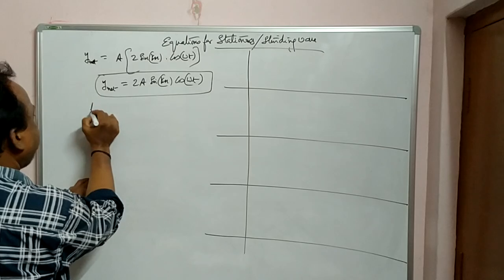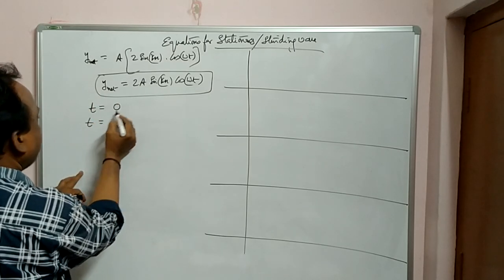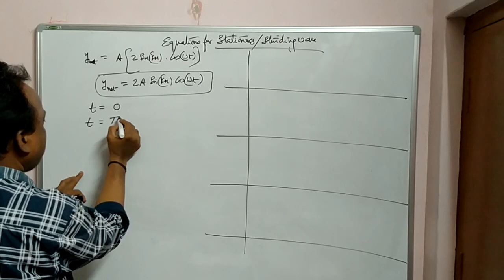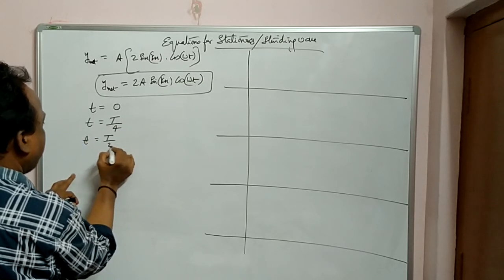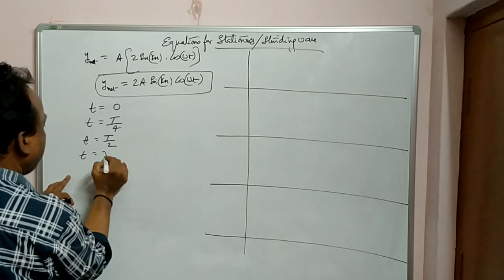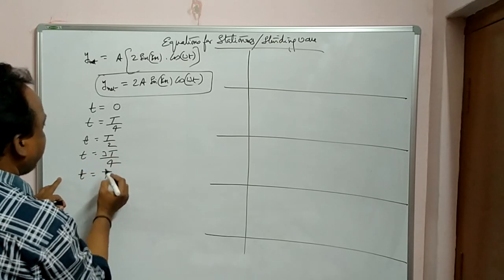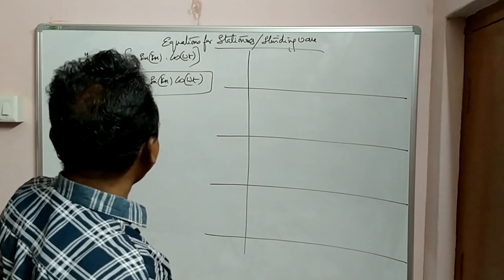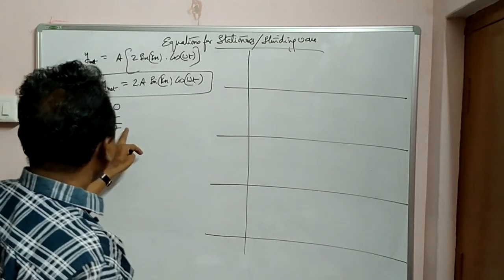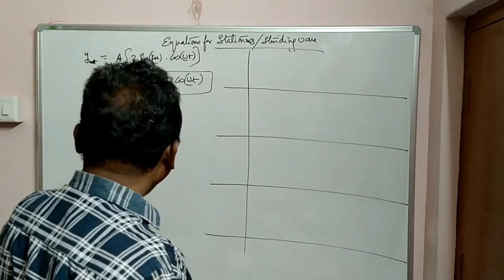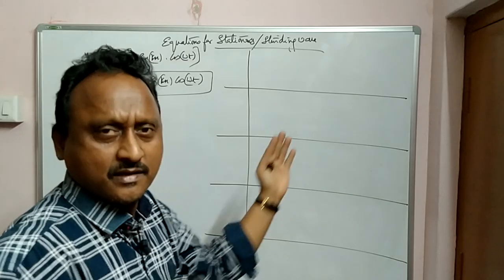For example, time t, you can start from 0, t by 4, t by 2, 3t by 4, and finally t. You can give the values at time t equal to 0, t by 4, t by 2, 3t by 4, like that, and you can fix a graph here.